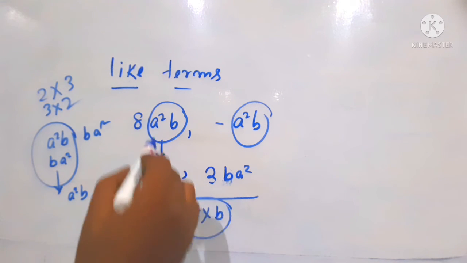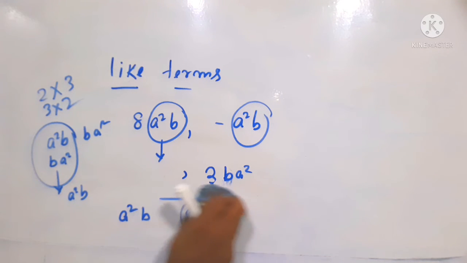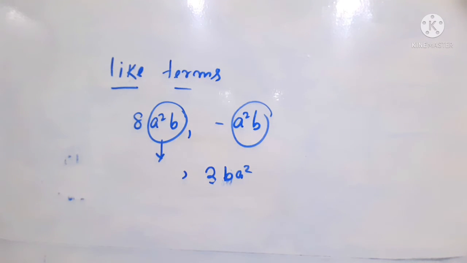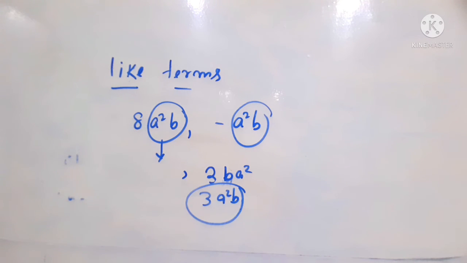So if you arrange these, this should be 3a square b. Am I right? So these all are like terms. Okay. So check question number 5, option A.